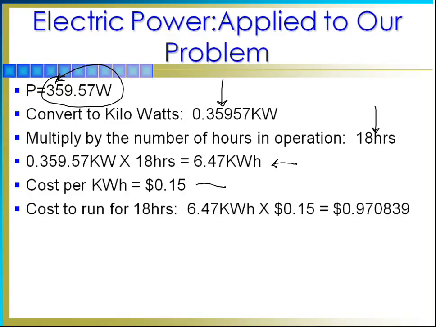At our rate of 15 cents per kilowatt hour, 6.47 kilowatt hours times 15 cents equals 97.1 cents, so about 97 cents a day. Approximately 97 cents a day to run that item.